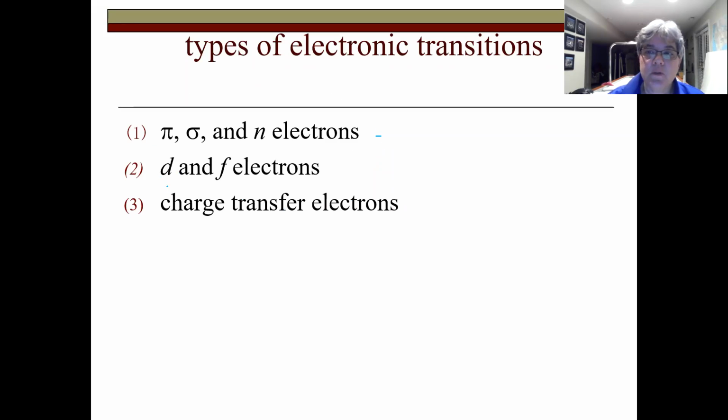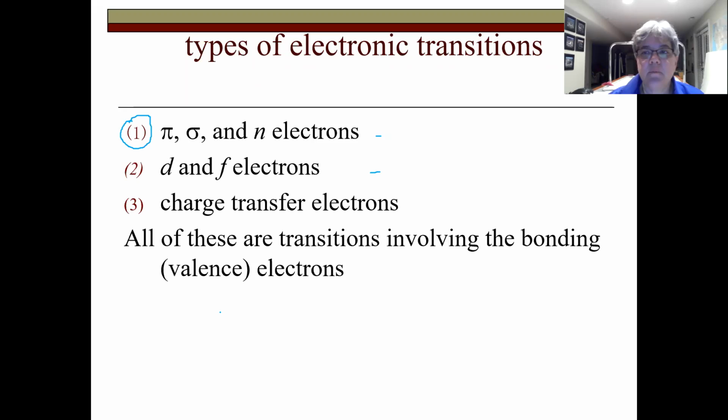The second type are D and F electrons. This will be absorption in inorganic molecules. And then finally, there's some charge transfer. This is often changing electrons between inorganic and organic. So we'll look at both of those. But we will spend most of our time on this one, the organic, the pi, sigma, and n electrons.